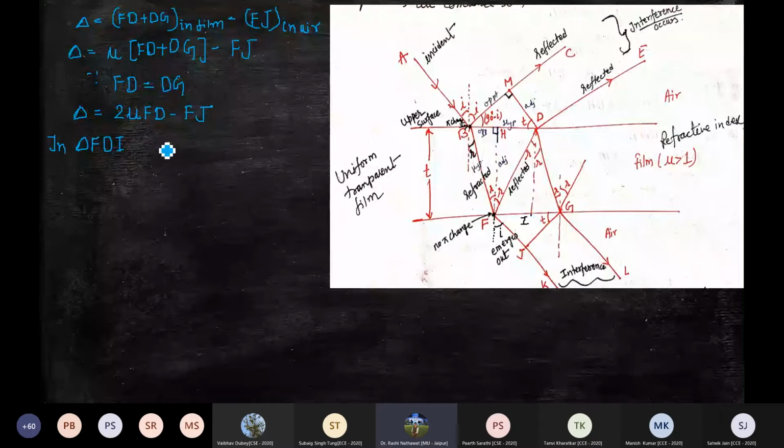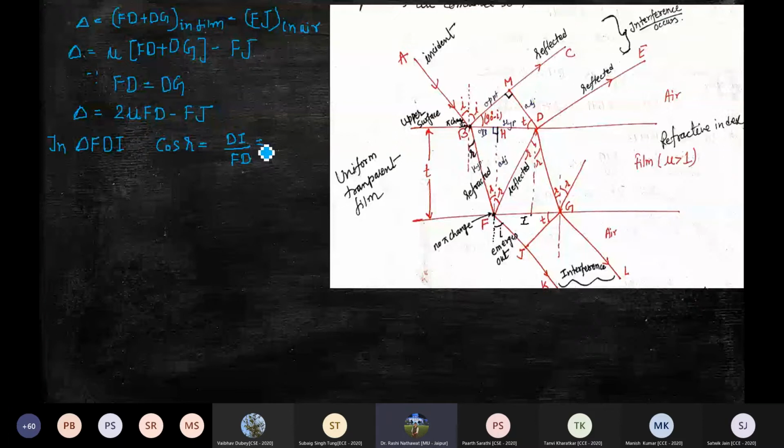Can you tell me what is the cos R in triangle F, D and I? Anyone? Very good. DI upon DF. Yes, the same. So it is DI upon FD I can write.